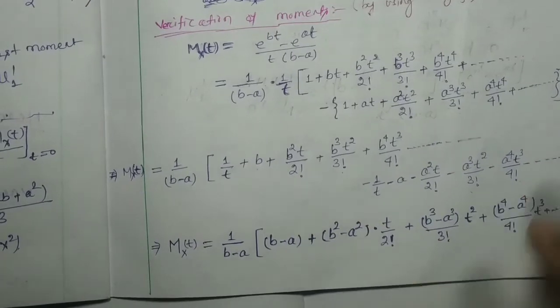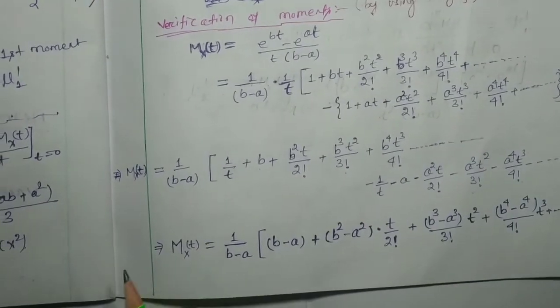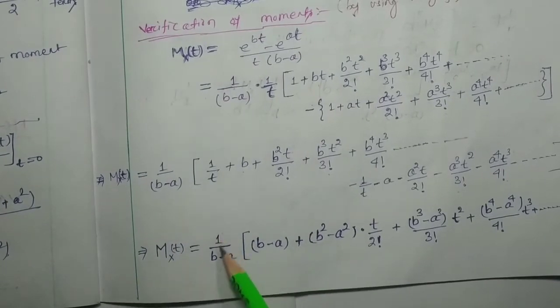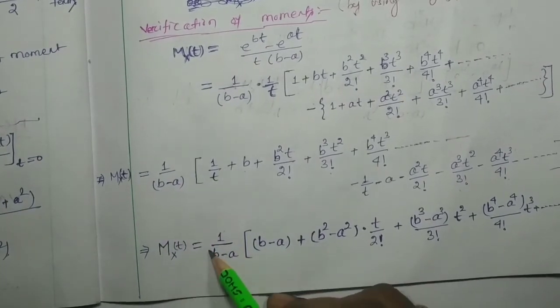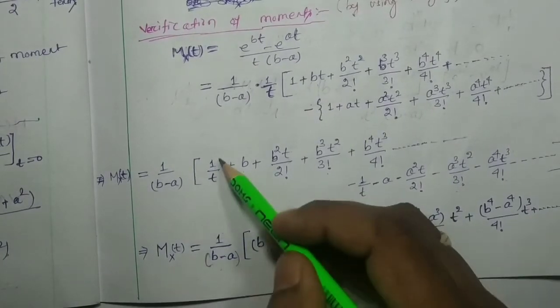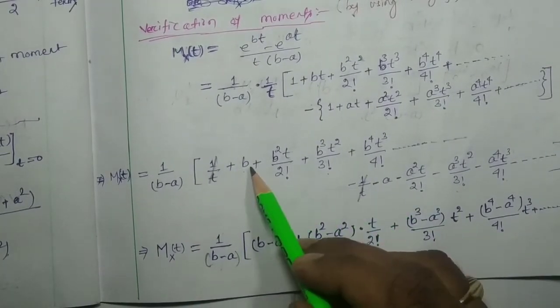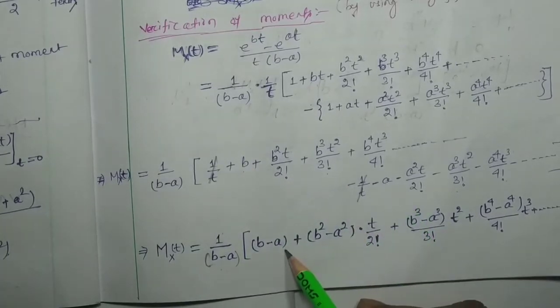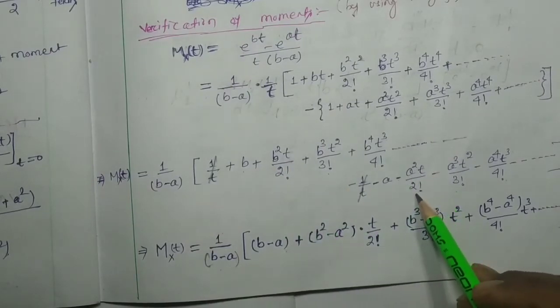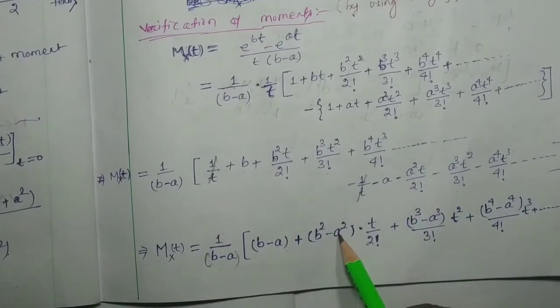Now here M x of t we found, how much? 1 by b minus a, this one 1 by b minus a. Here 1 by t minus 1 by t got cancelled, and we are going to get b minus a. And here you can see b square t by 2 factorial minus a square t by 2 factorial. We can write b square minus a square into t by 2 factorial.